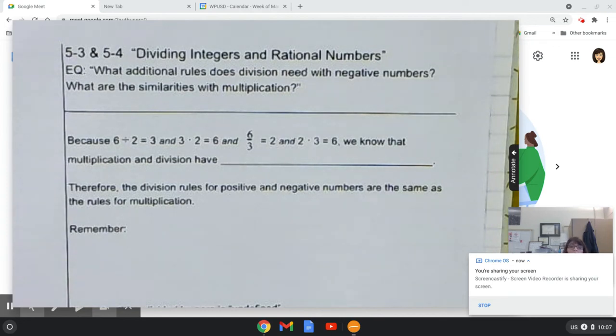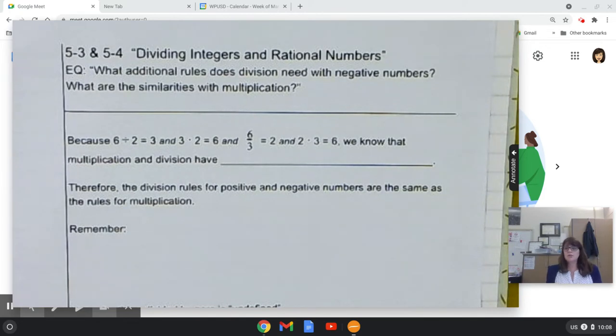Good morning, everybody. So continuing our journey with integers and rational numbers, hopefully you found multiplying integers and rational numbers to be straightforward. Dividing is just the same, okay? Same rules, very little difference.